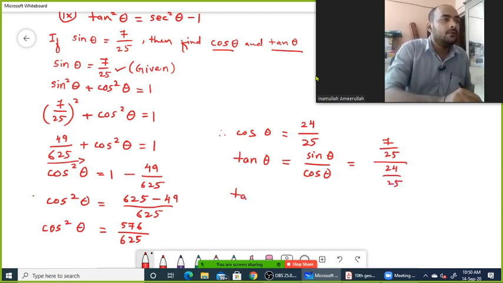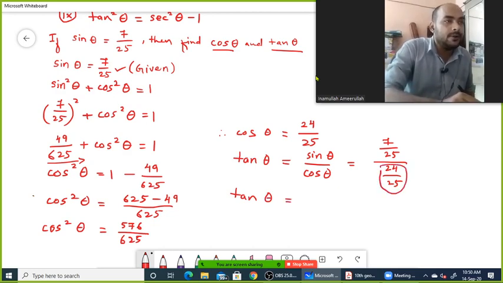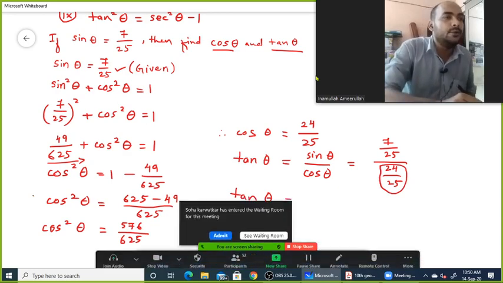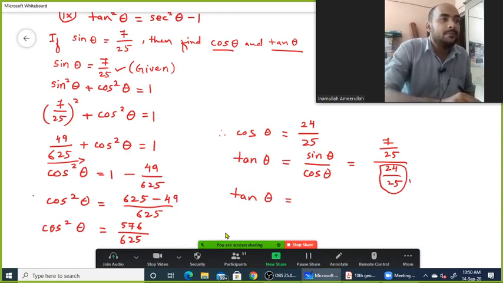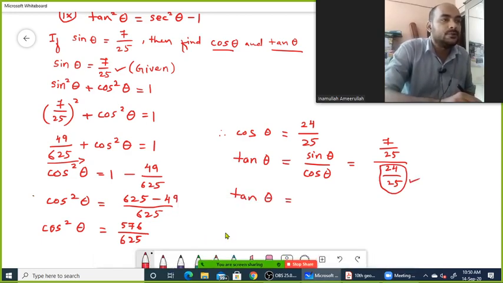Now, so tan theta, look, this 24 by 25 is in the denominator. It is dividing. So when I bring it to the numerator, we will take the reciprocal of this, that is 25 by 24, and it will multiply with the numerator.